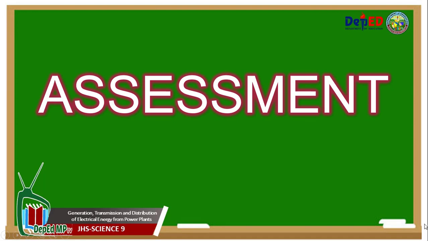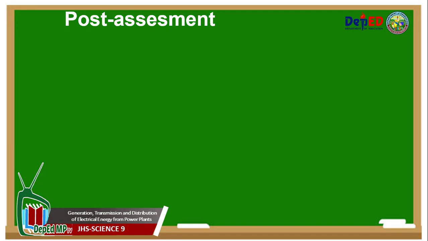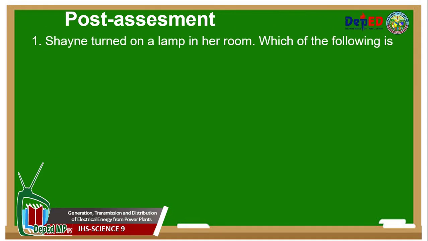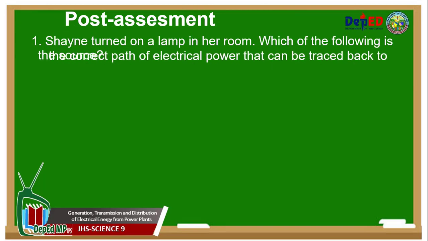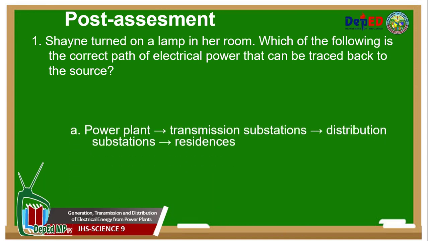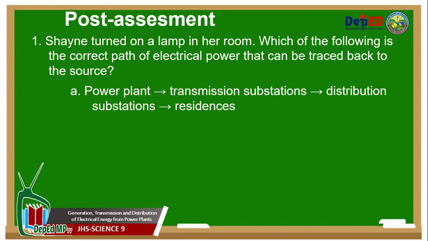Assess how much you understood the contents in the discussion part of this module. Okay, number 1, Shane turned on a lamp in her room. Which of the following is the correct path of electrical power that can be traced back to the source? A. Power plant to transmission substation, to the distribution substation, and to the residences.